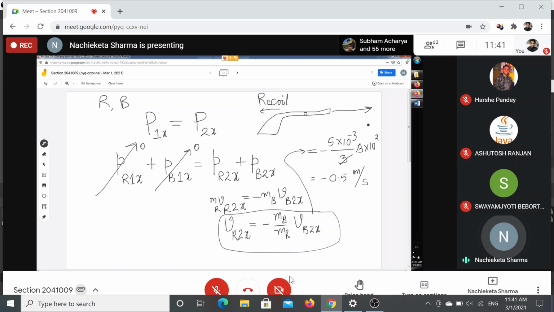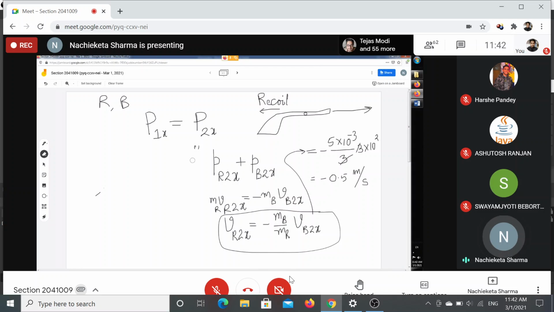But we are halfway. We have to find the momentum of the bullet and the gun. What is the final momentum of the bullet? Final momentum of the bullet is mass of the bullet into velocity of the bullet.